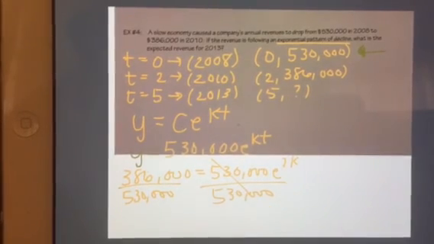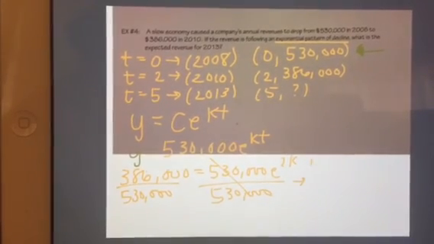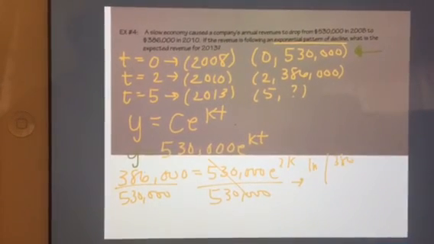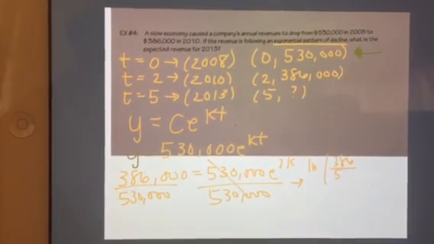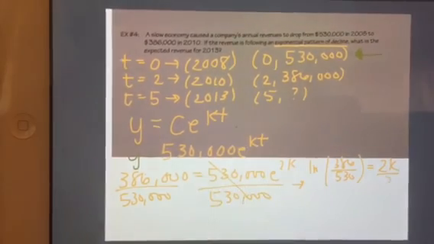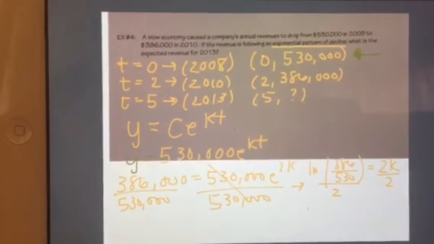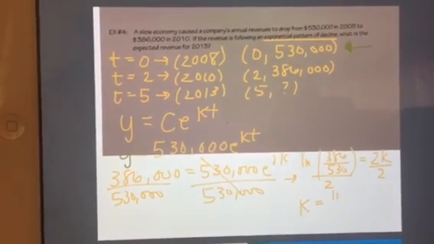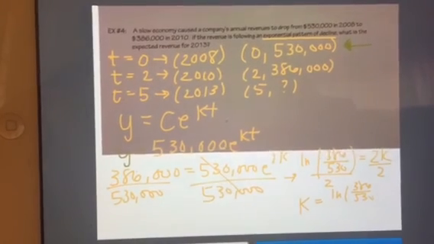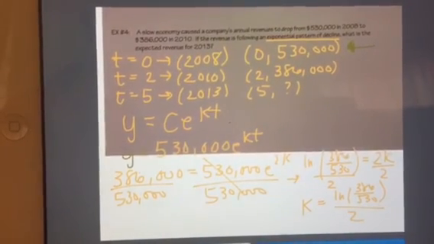Then we're going to take the ln of this value. I simplified it a bit. Equal to the 2k, divide by 2, divide by 2. So k is equal to the ln of 386 divided by 530, the entire thing divided by 2.